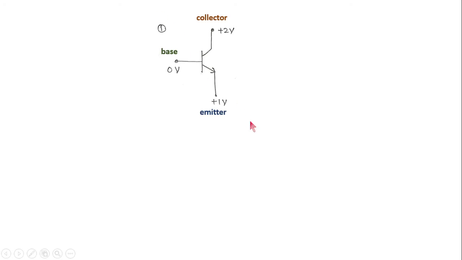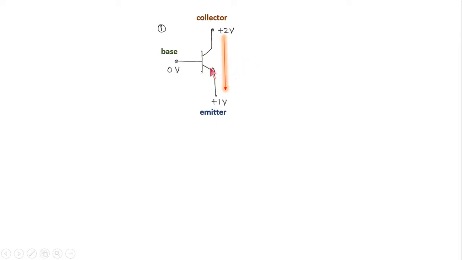Now this arrow direction also represents the direction of current flow. So from here we can see that the current is flowing from collector to emitter. Since the current is flowing from collector to emitter, this transistor is NPN. So the direction of flow of the current is collector to emitter, hence the transistor is NPN.